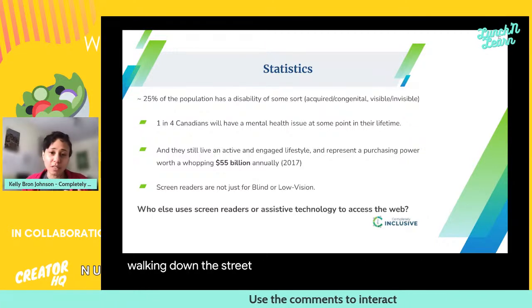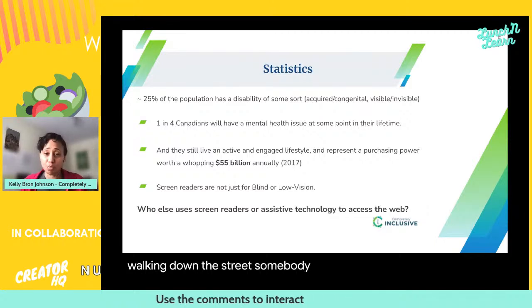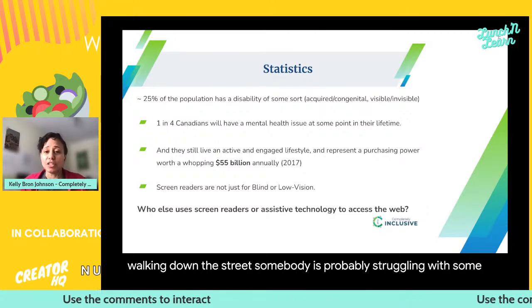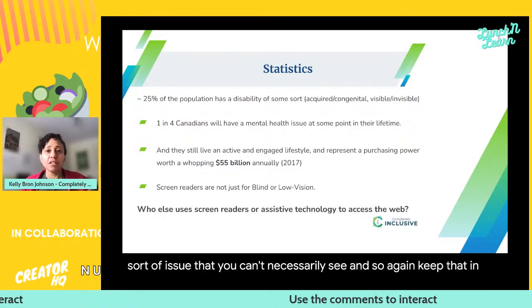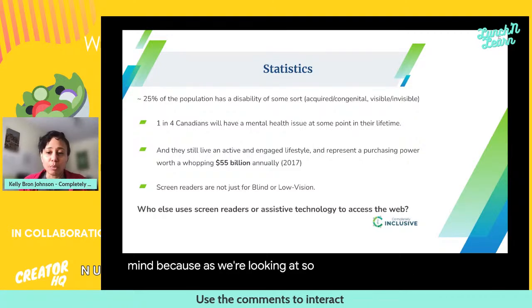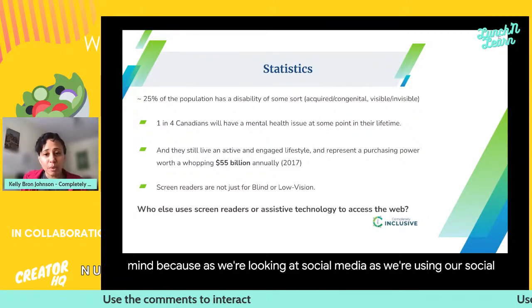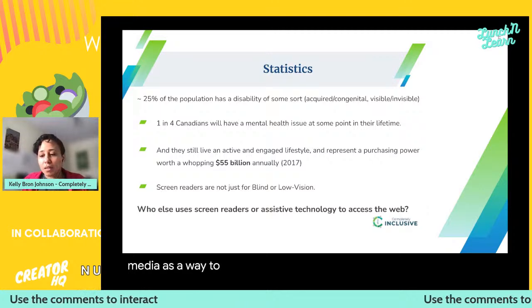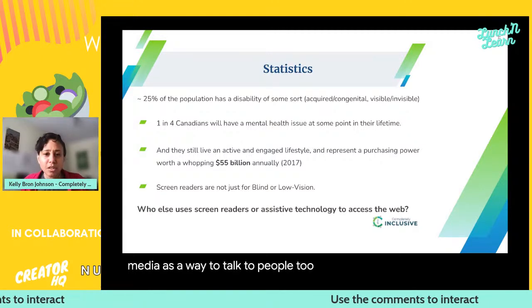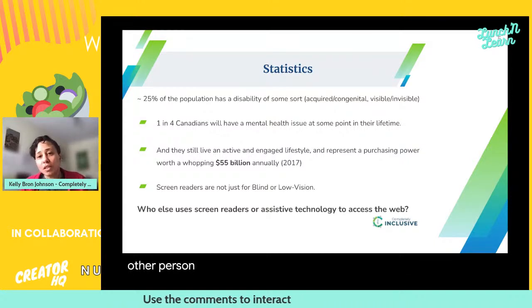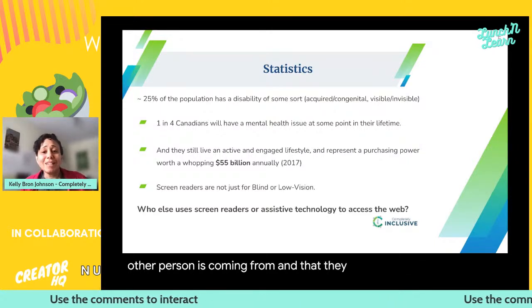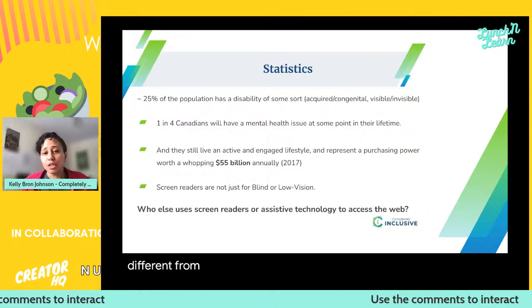Anytime you're walking down the street, somebody is probably struggling with some sort of issue that you can't necessarily see. And so again, keep that in mind, because as we're looking at social media, as we're using our social media as a way to talk to people, to communicate, to build community, to sell things, to understand where the other person is coming from, and that they might need things that are different from what you might need.